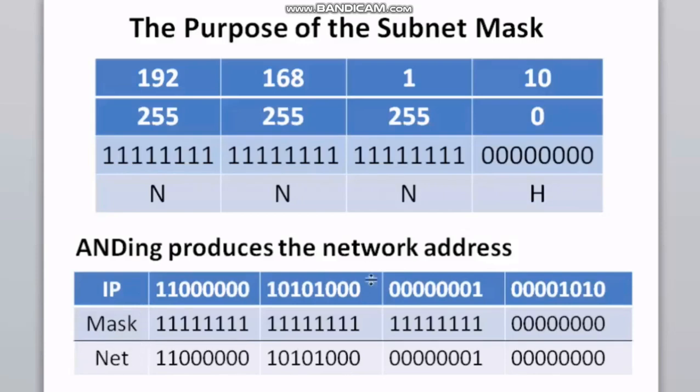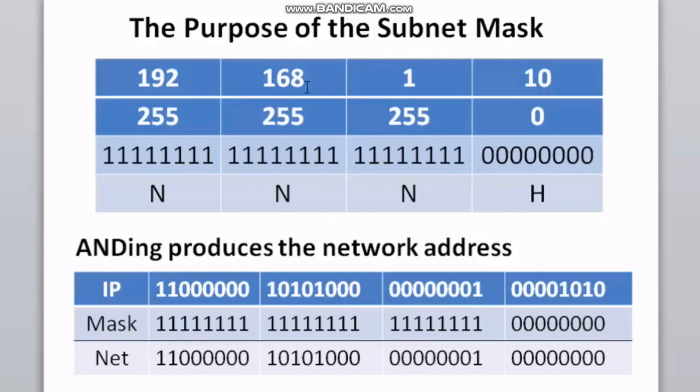This is a logical process of ANDing: a true and a true makes a true, but a false and a true makes a false. If we logically AND the IP address with the subnet mask, we get the network address.